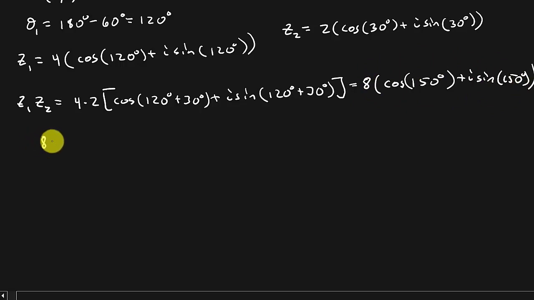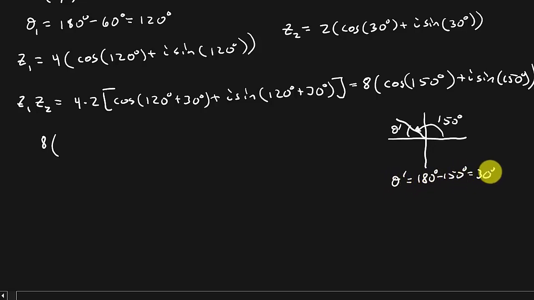So I've got 8 times. So remember, to convert this, we're going to take the cosine of 150, and we need to find the sine of 150. Well, what is that? Well, let's use reference angles. So there's 150, right? There's my reference angle. My reference angle is 180 minus 150, which is 30 degrees.